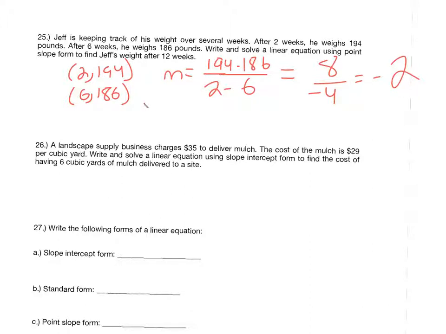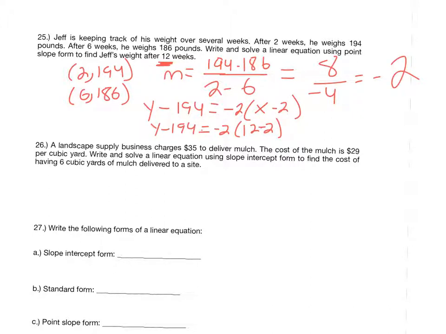All right, so now we have a point and we have our slope, so let's go ahead and plug it into our point slope format. Y minus y1, which I'll just go ahead and use the first point. Y1 would be 194, equals our slope, which is -2, times x minus x1, so x minus 2. And we have it in point slope form. Now we're trying to figure out what Jeff's weight would be after 12 weeks, so we'll plug that in for our x. That would be y minus 194 equals -2 times 12 minus 2.